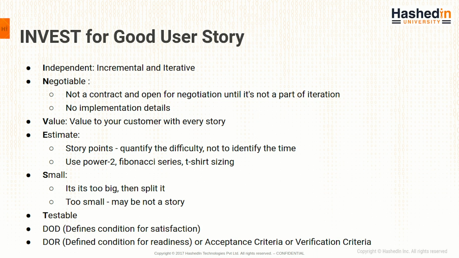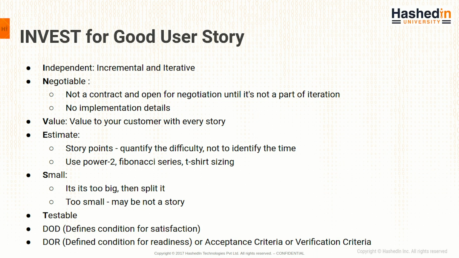When you are writing a user story, that doesn't mean that it cannot change. It's not like a contract; it's open for negotiation and further discussion, and based on those discussions, the requirements get changed. And it doesn't have any implementation details. It has only the requirement details.